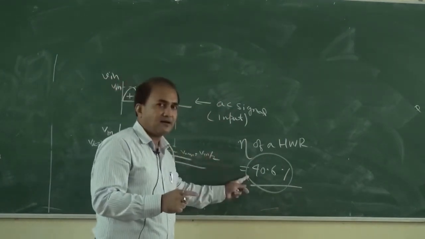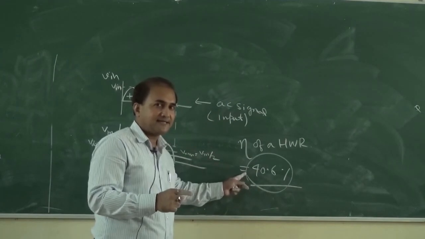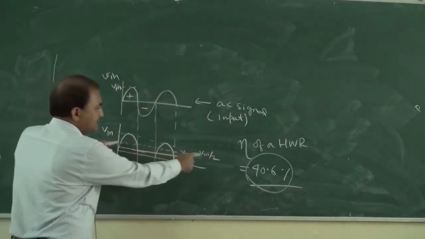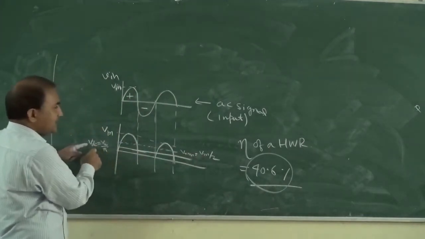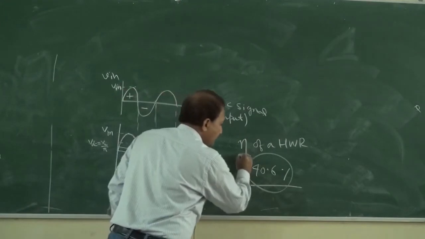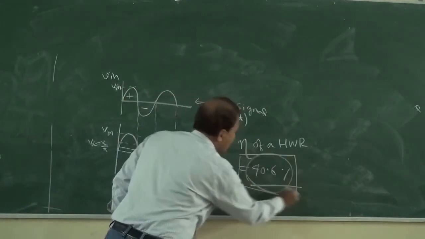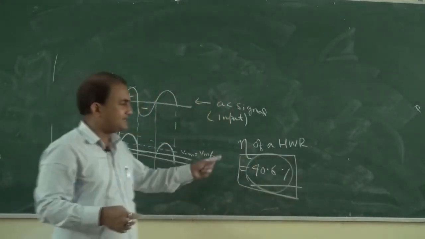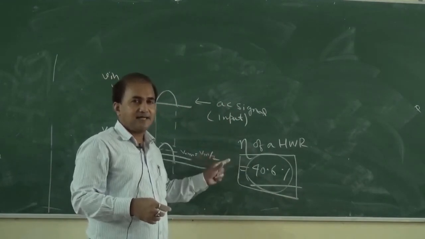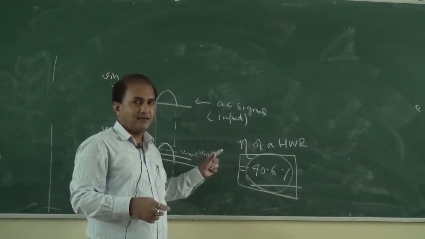Here in this figure, you can see Vrms is Vm by 2 and VDC is lesser. So the efficiency of a half-wave rectifier circuit is 40.6% only. This is the main disadvantage.